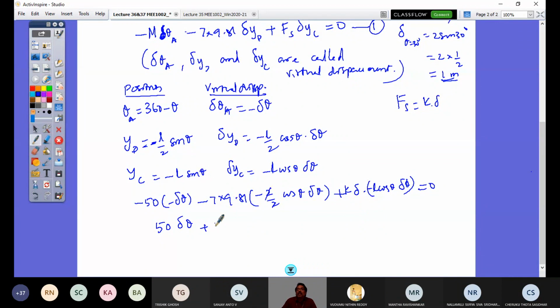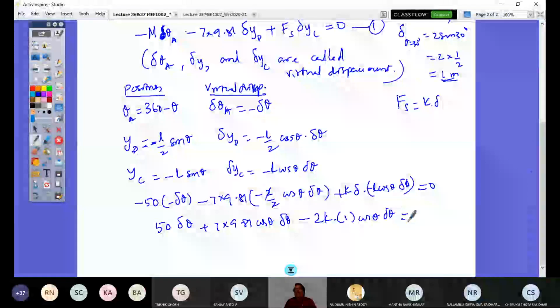So minus 2, L is 2, into K into delta, we have just got that's 1 meter. So 1 cos theta delta theta, that's equal to 0. So here it's a minus quantity and these two are positive quantities, right? Otherwise these two would be negative and this would be a positive quantity. So it is clear from this that consistency is maintained.